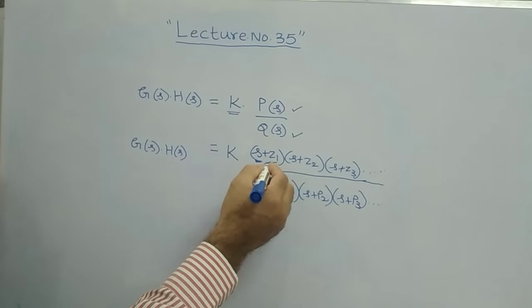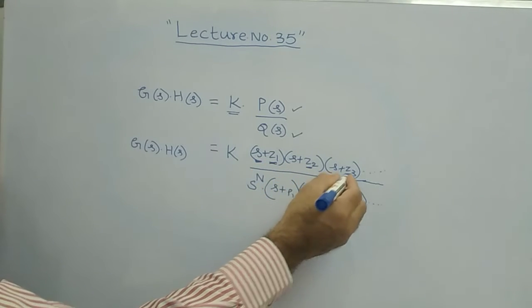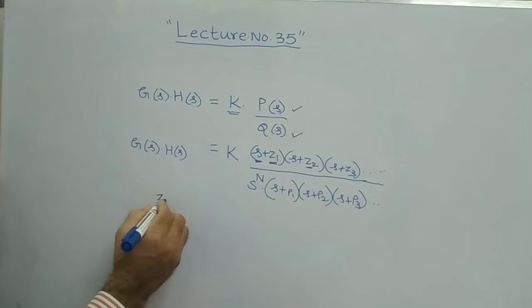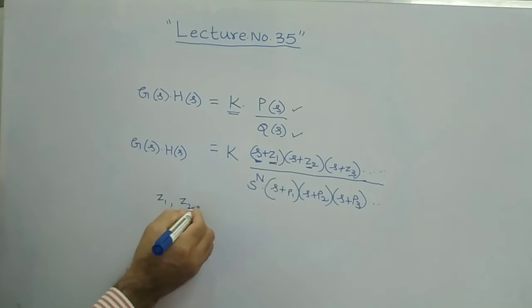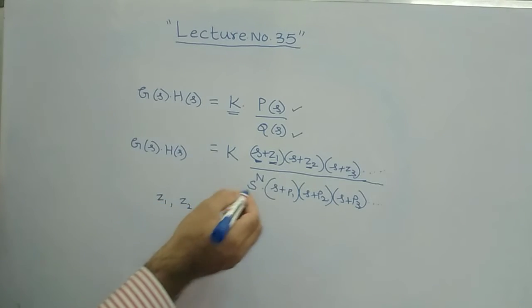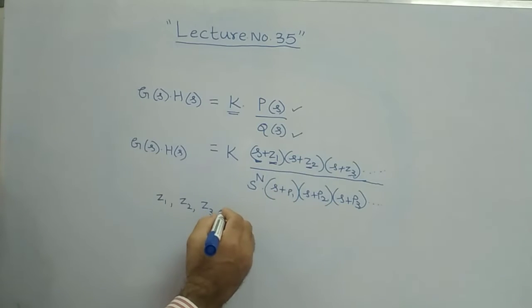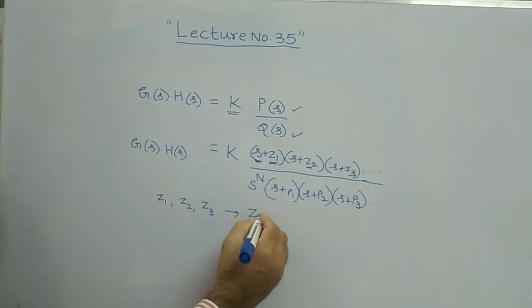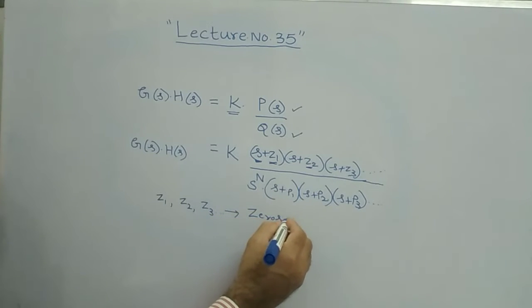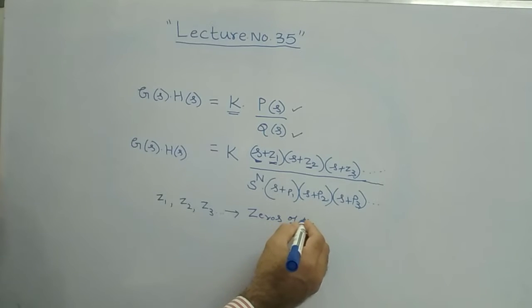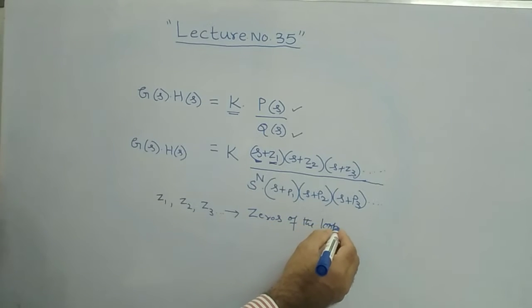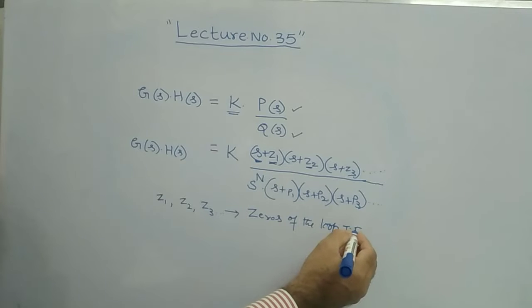Whereas what is z1 here? z1, z2, z3, and so on, z4, z5, z6, are called zeros. These are called zeros of the loop transfer function. Loop transfer function, I can write TF.